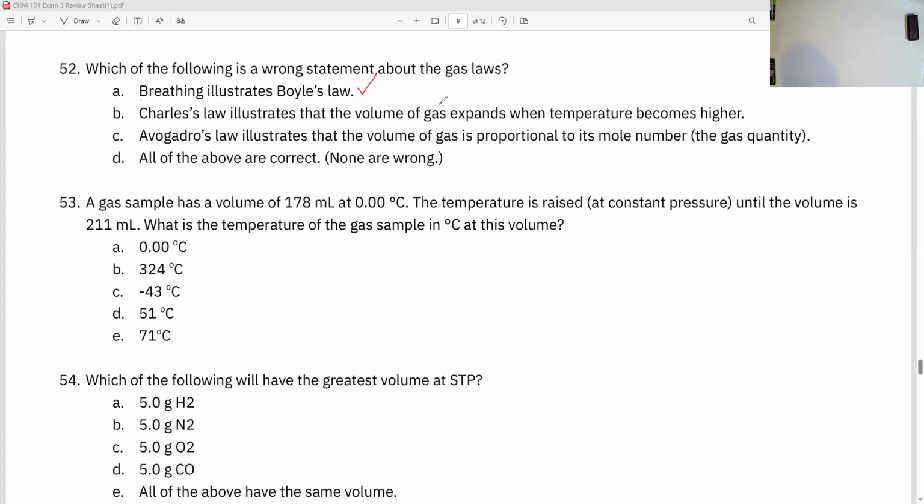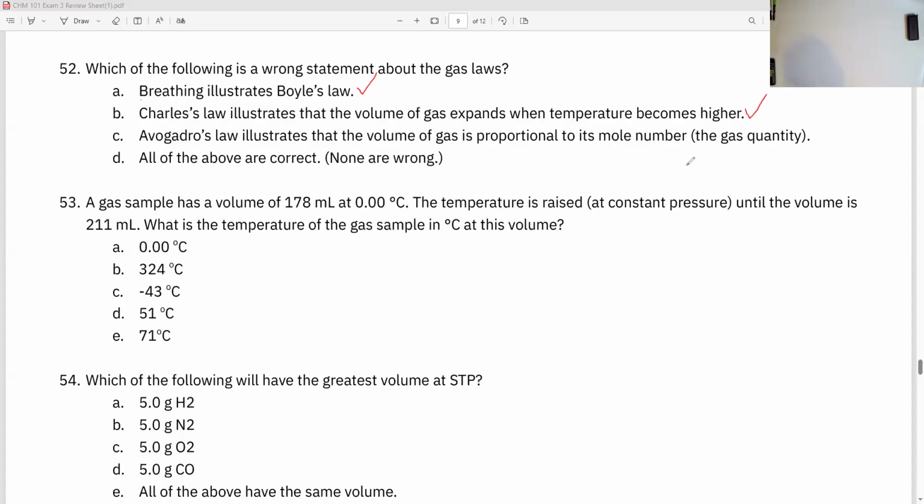That's true. Breathing is showing us that as our lung capacity increases, the volume of our lungs increases, and the pressure that they're experiencing decreases. So that's a correct statement. Charles' law illustrates that the volume of a gas expands or increases when the temperature becomes higher. Yep, that's exactly true.